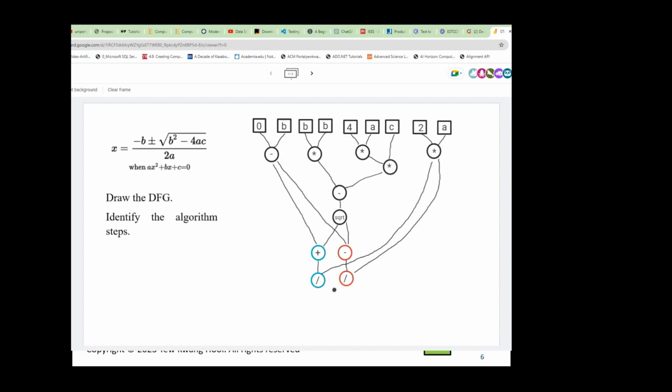So the final answer, the output is X. Here, I don't find the necessity to have two output boxes for X. So I just draw one, and then the output becomes X. So this is my answer. And as you can see, when you turn it into coding, right?